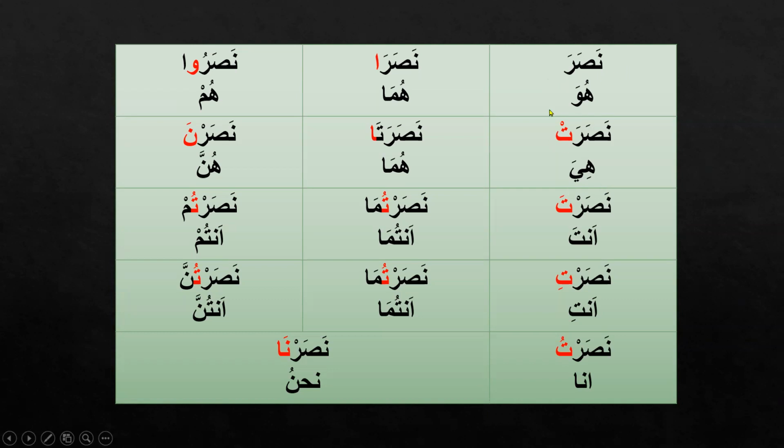And for hiya also, because I told you that this is ta ta'nith, and we will not say ta ta'nith is a pronoun, because it is a harf. It will not be considered a pronoun because it is not an isim, and a pronoun is part of an isim. So we cannot say that this is a pronoun. We will say for here that it is damir baris and it is not hidden or mustatir.